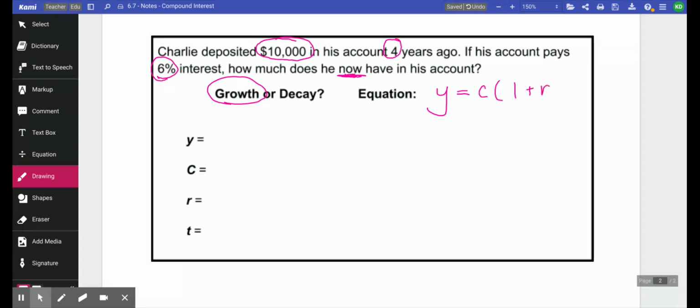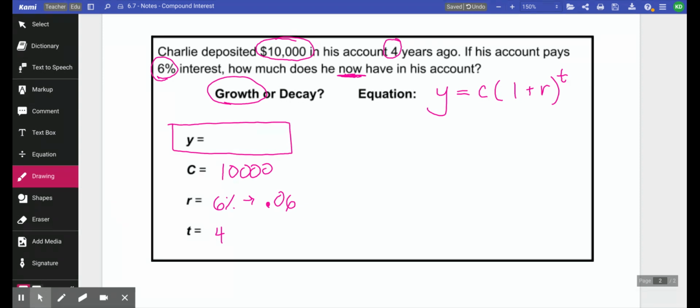So we're going to use our equation with the plus. We started with $10,000. It was 4 years that we were watching this account, and it was 6% interest. So 6% is 0.06. And we're trying to find the ending amount.